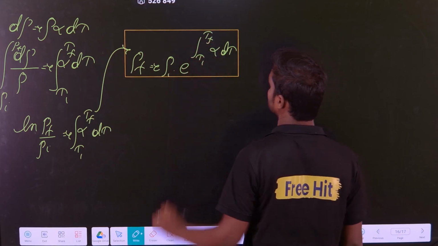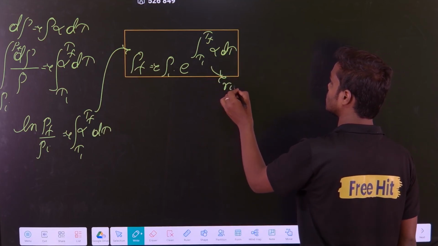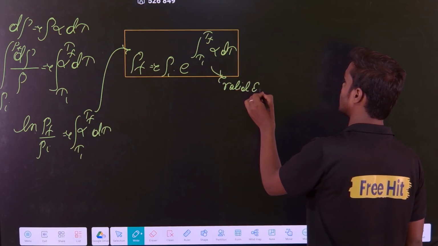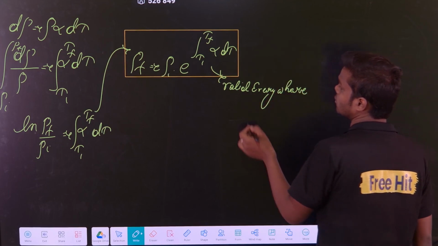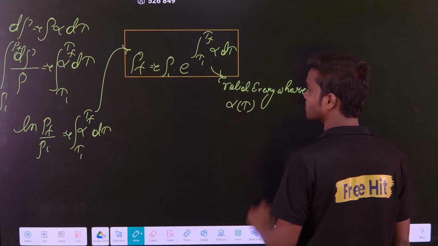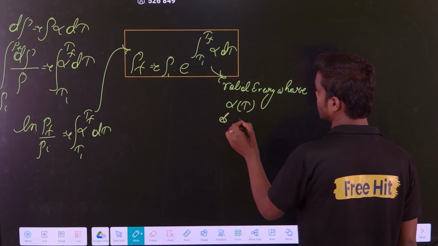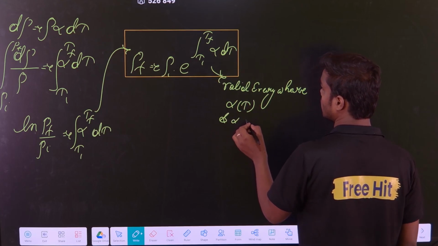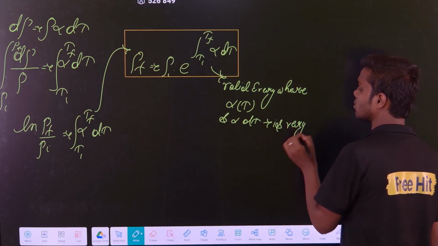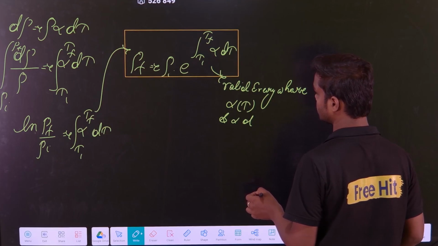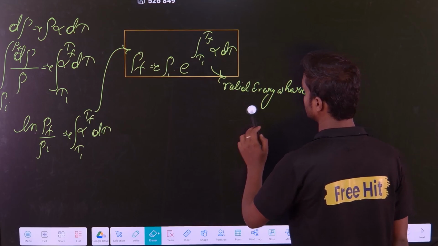Okay. So this is the expression we have got, and this expression is valid everywhere. Means when my alpha is a function of temperature, and when alpha dt is very large, it is valid everywhere.